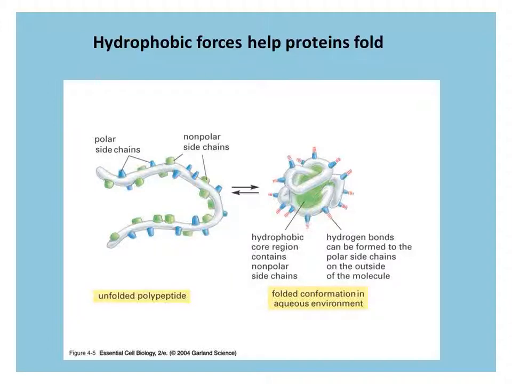Another important force that contributes to protein folding are the hydrophobic and hydrophilic components of the polypeptide chain. If a protein is folding in an aqueous solution, the hydrophobic R groups will ultimately assemble into the core of the protein, and the hydrophilic amino acids will surround or be on the outside of the folded protein state.